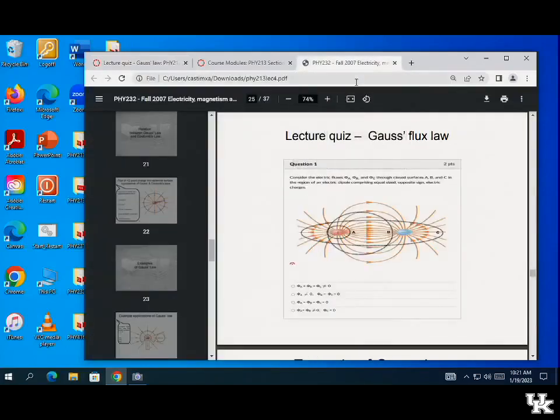It's asking a similar question: what is the net flux through three surfaces, now labeled A, B, and C, that are in the environment of an electrical field and in the neighborhood of electrical charges? You've got to compare the fluxes through these different surfaces. So I'll give you a couple of minutes to think about that.